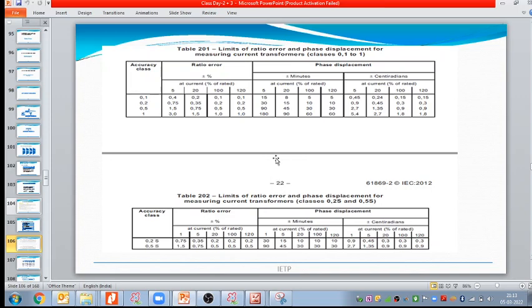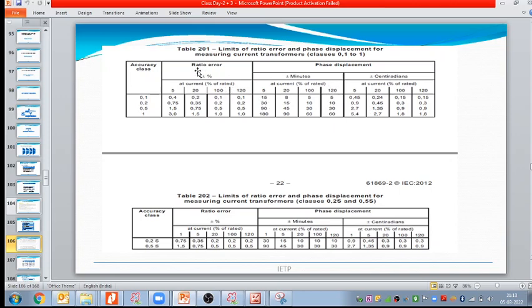So as per the IEC accuracy class that we can see here, there is the ratio error and the phase displacement, because two errors come, the current ratio error and the current phase displacement. So this 0.2 and 0.5 is what we are discussing, that is the current ratio error, and the phase displacement error we can see separately here. Based on the current ratio error, the allowable phase displacement error is mentioned in the IEC, so the manufacturer has to follow this allowable phase displacement error.